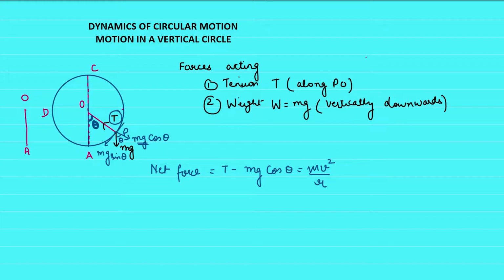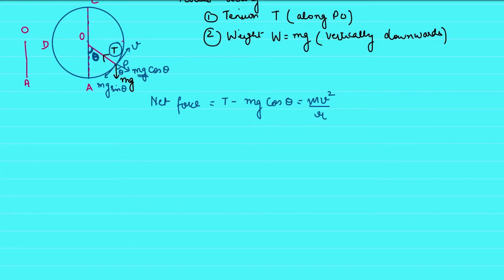It will be acting along the tangent to the circle at point P. Now from here we can get the value of tension. Tension T can be written as mv square upon r plus mg cos theta. So we can mark this as equation number 1.